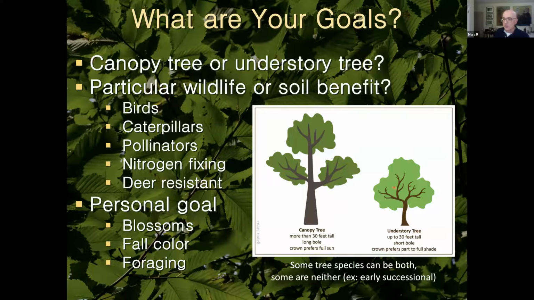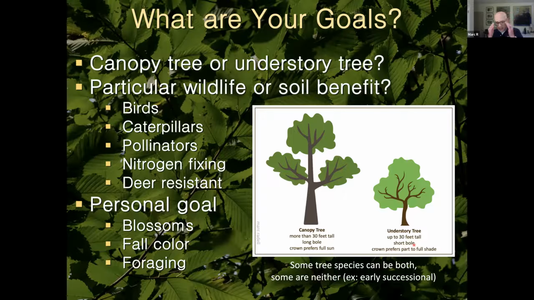And an understory tree is shorter because it's usually growing under one of these, and the crown prefers part to full shade generally. Everyone likes their place in the sun, so they'll always grow toward a little bit more sunlight, but usually they do best in these areas with part to full shade.